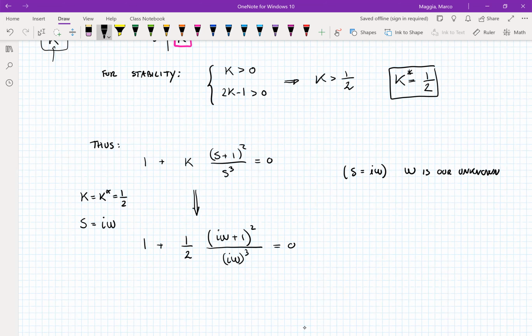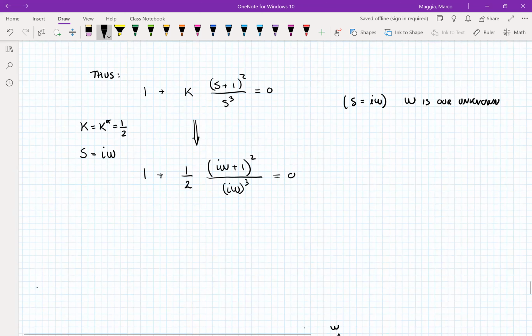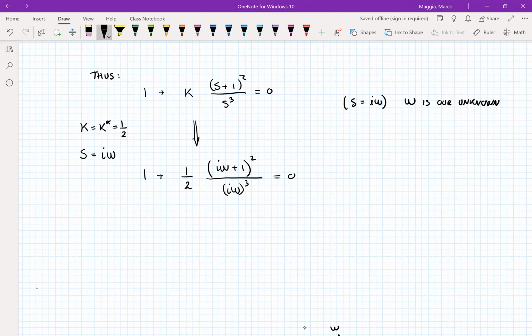See here that we have only one unknown, that is omega, as promised. So how do we solve this equation? Well, we have to treat it as just a regular equation, even though it's a complex equation, obviously, because we have an imaginary unit.